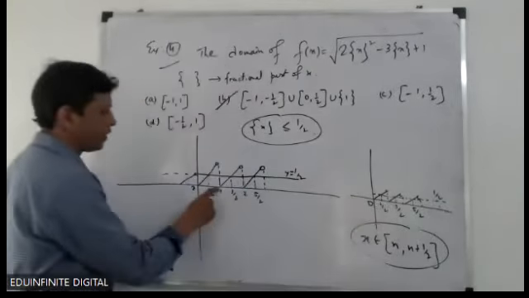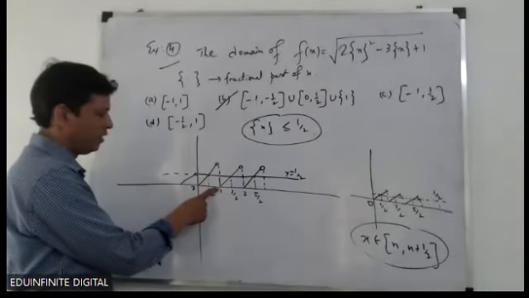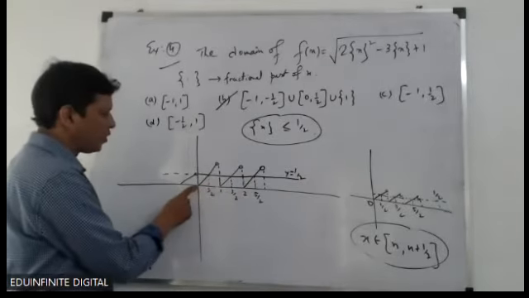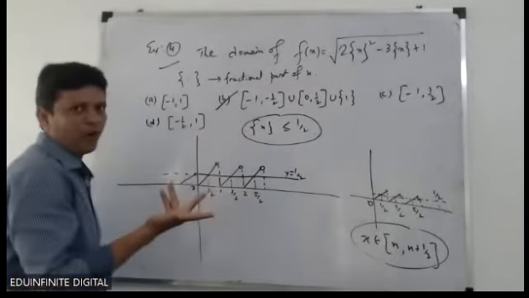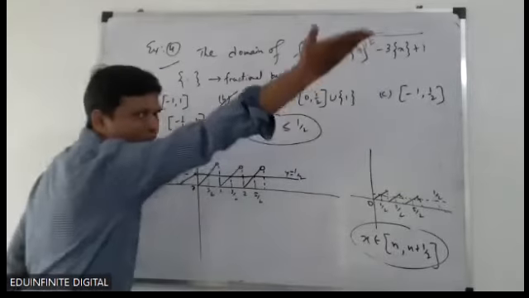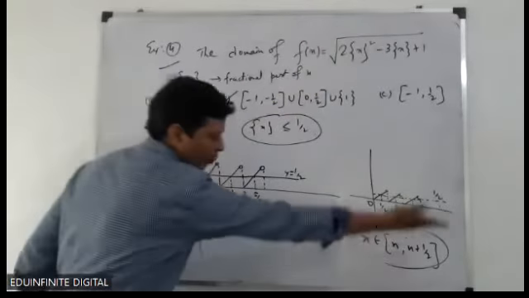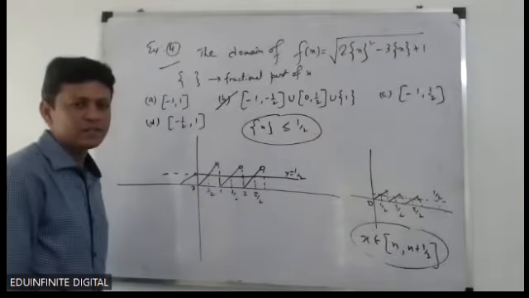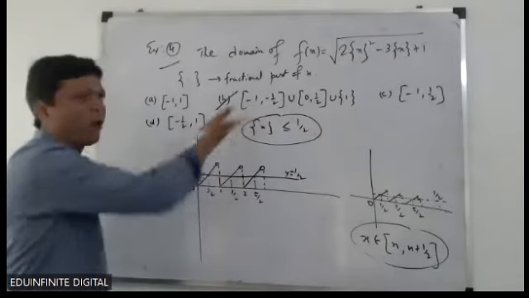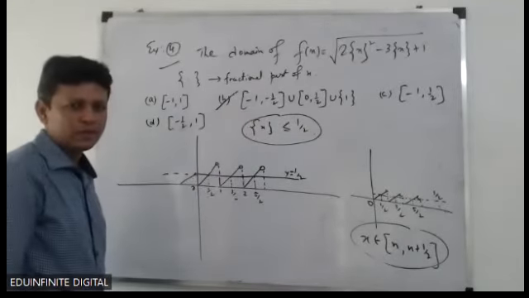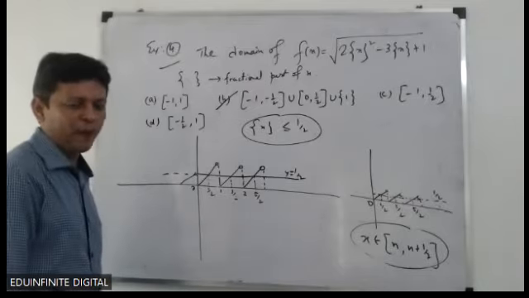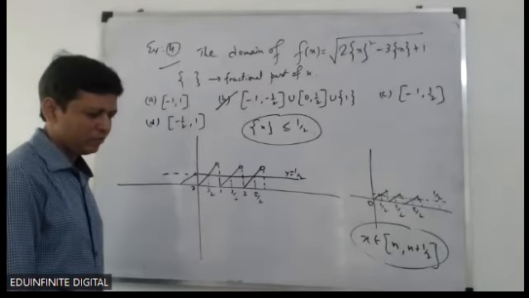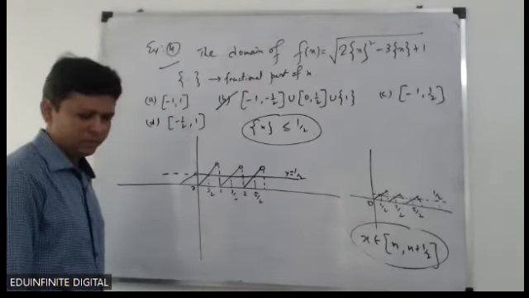This point is included in the region. Actually, you have to choose from the options. Otherwise there are infinite number of points. But according to the options, you have to choose. Am I clear, Ishan, Dipayam? Yes, sir.